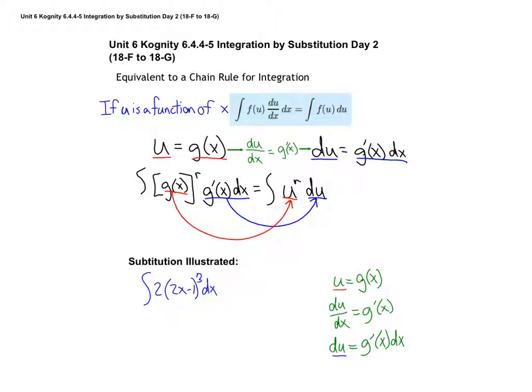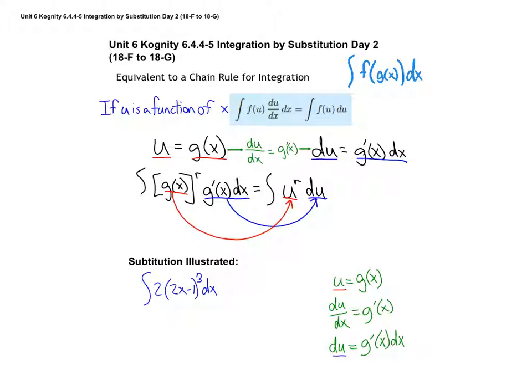If I have some integral, okay? Let's say I have some integral that I'm trying to find, and it's the integral of a composite function, like f of g of x dx, okay? This is what we were dealing with before, but g of x was always linear.